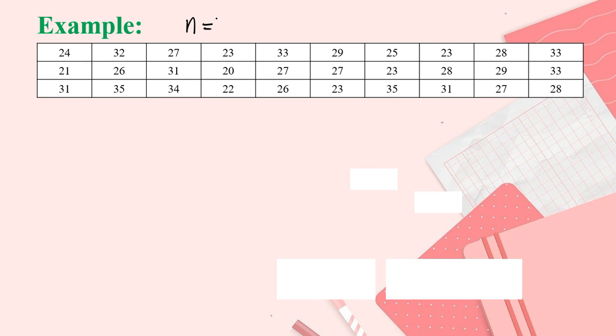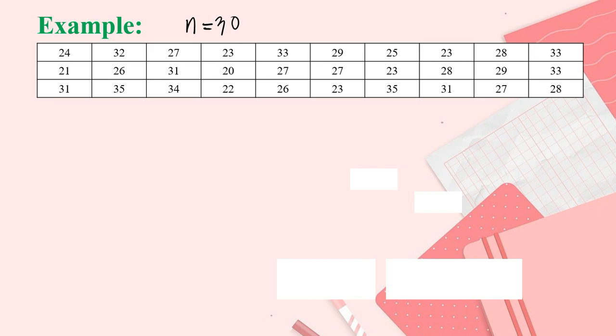So 10 times 3, our N is 30. And again, if our N is 30 and above, that is under the group data, wherein we make a table before we get the mean, median, and mode.